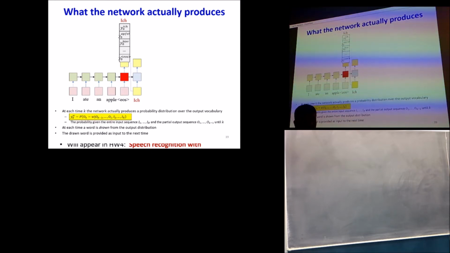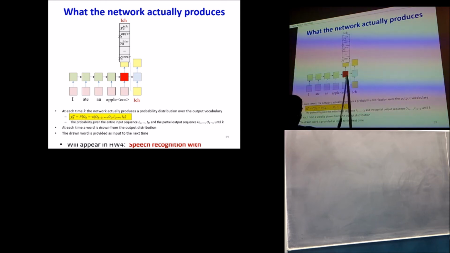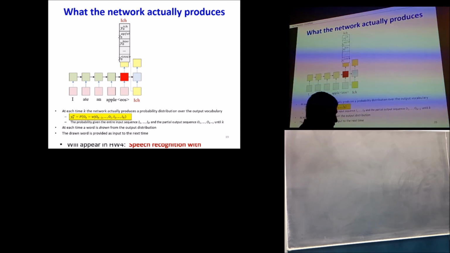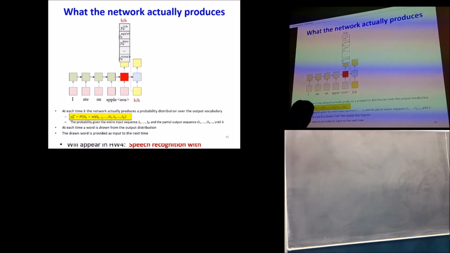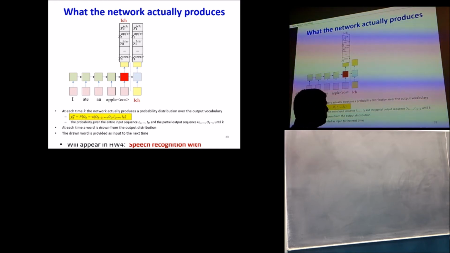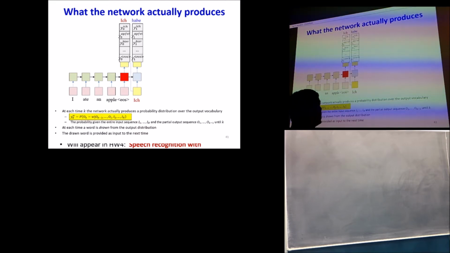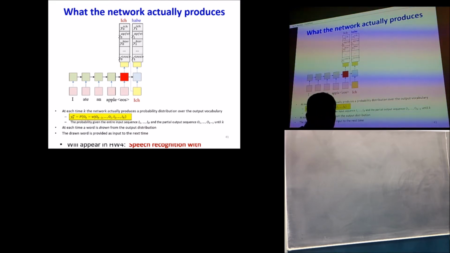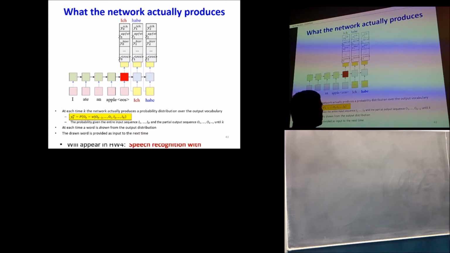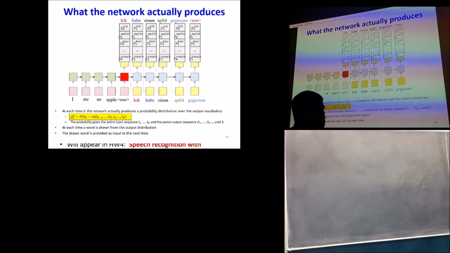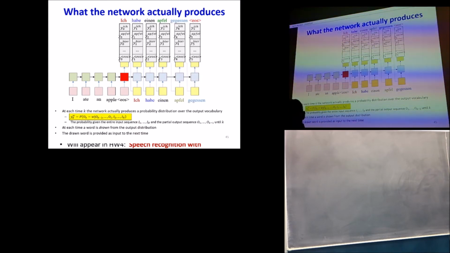And at the next time, this drawn word is going to be used along with the current hidden state recurrently. And at the next time, the network will produce a probability distribution over words again. And the second word is going to be drawn from this probability distribution. And this process continues until you eventually draw an end of sequence symbol from the probability distribution.